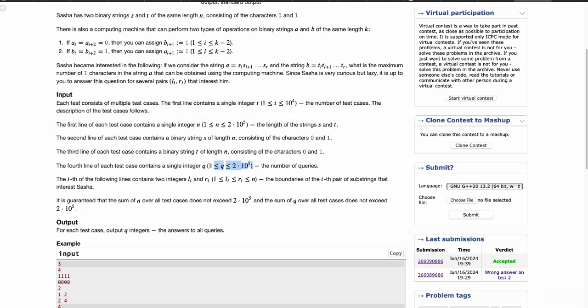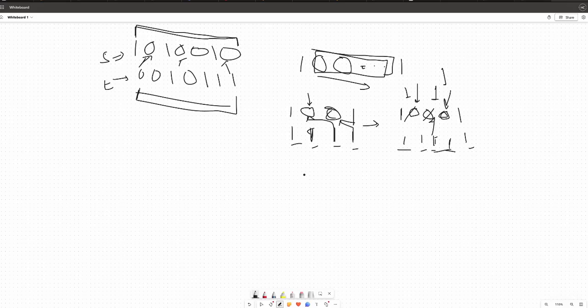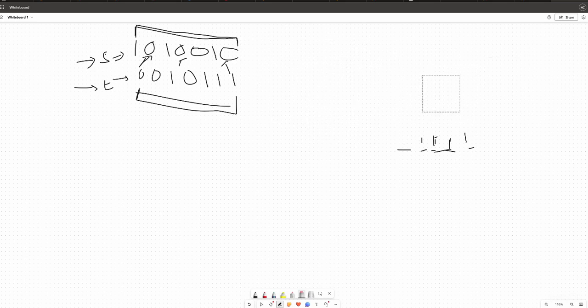So we have 2e5 queries, 2e5 numbers, and we have to answer each L to R. Let me explain this. Consider these two examples S and T. Let me clear the clutter here. Forget about L and R first, and think about what you can do to solve for the whole string.